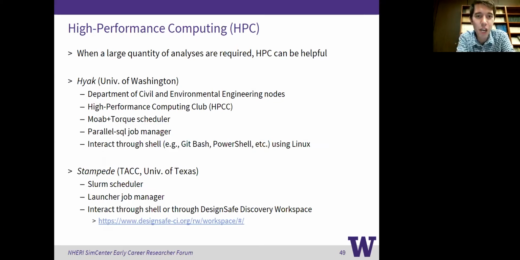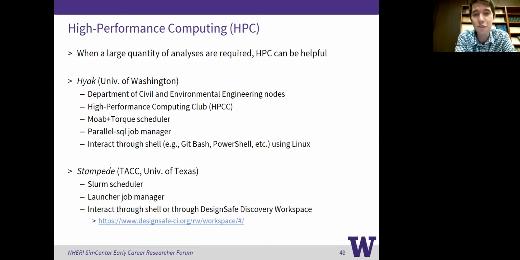So as far as high performance computing resources go, from our end at the University of Washington, we have our own supercomputer called Hyak, and we have nodes from our department, and also we have a high performance computing club that has access to nodes, and so that's a pretty unique role that they play.